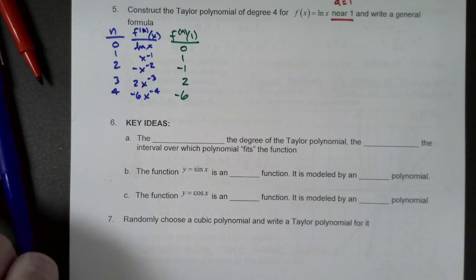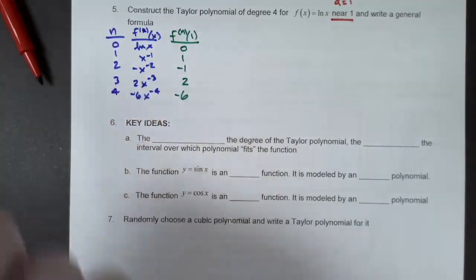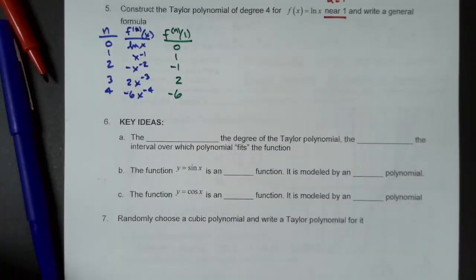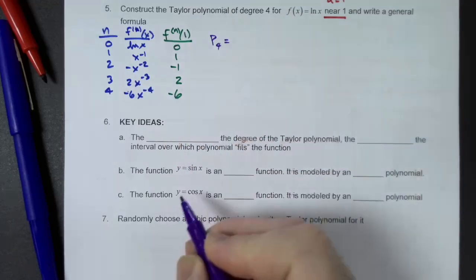Okay. So, let's match this up and write our polynomial. And this will be 4th degree.